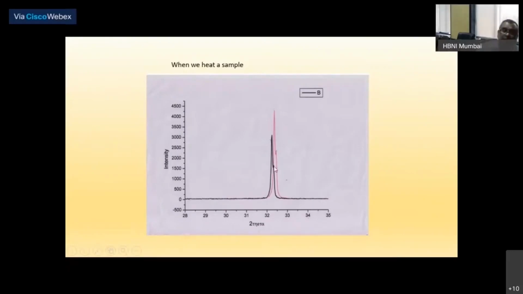This slight shoulder shows the K alpha and K beta lines. So this picture shows me that when I heat a sample, it expands, and the Bragg intensity goes down.